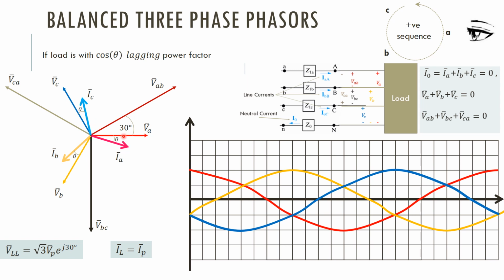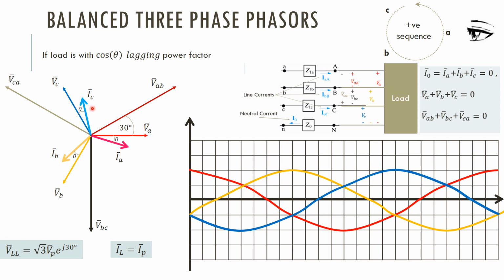VA, VB, VC are the phase voltages of each line, right? So let's say the load is with a lagging power factor cos theta, then you have the angle theta between VA and IA, VB and IB, and VC and IC, right?